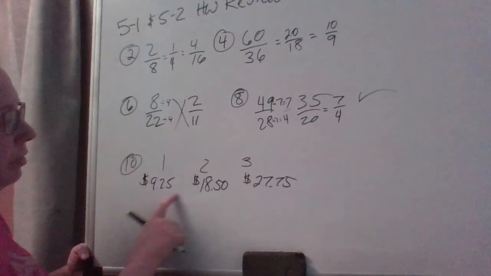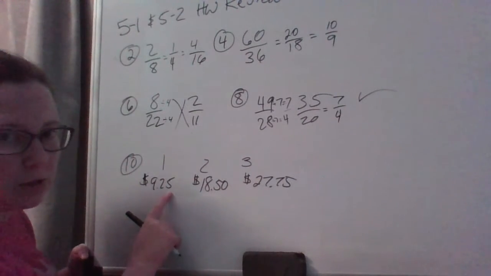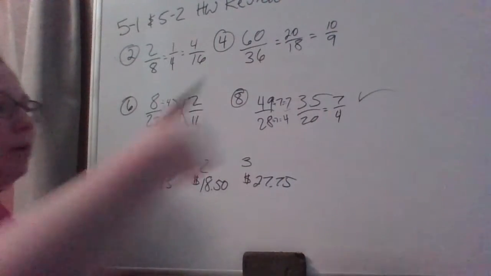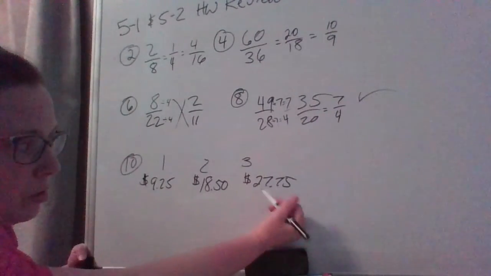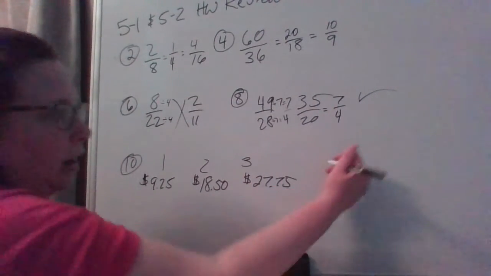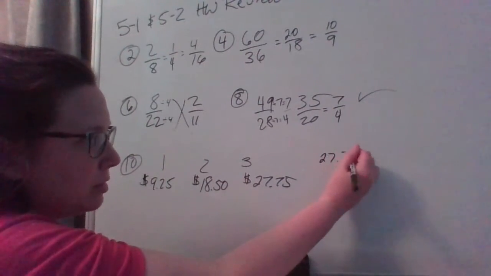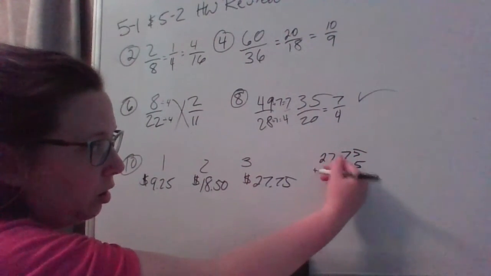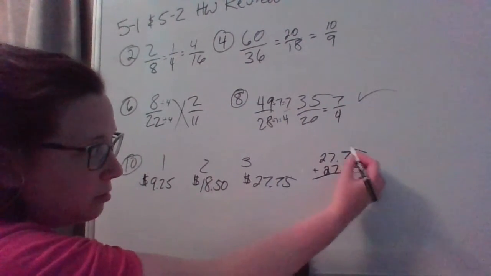So I can do a couple things. I could multiply 9.25 times 6. If I'm buying 6 tickets and I know 3 cost this, I could actually just take 27.75 and either multiply it by 2 or add it to itself.